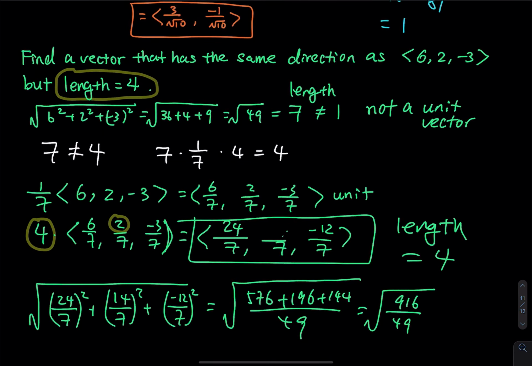This is 8. And then erase that. This is 8, so the square is 64. And then we add them again. 576 plus 64 plus 144.